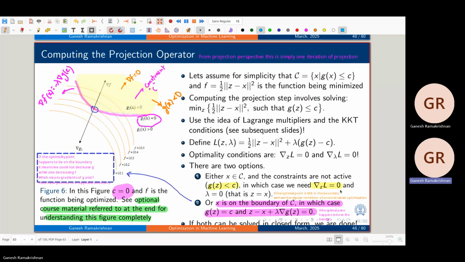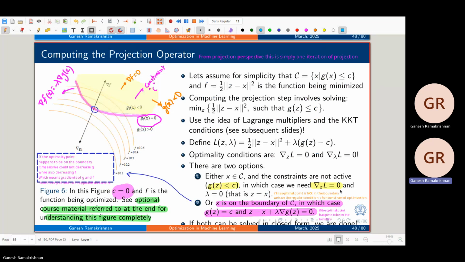I have given some textual interpretation. If the optimal point happens to be on the boundary, it means we cannot honor the g constraint while also decreasing f; otherwise I have not really found the optimal point. So I can't go inside g, be happy about g, and at the same time decrease f.